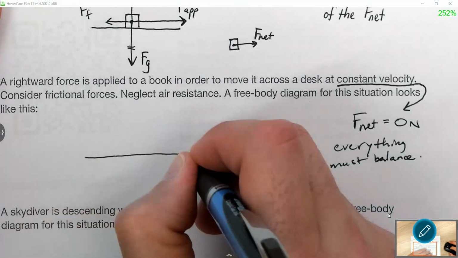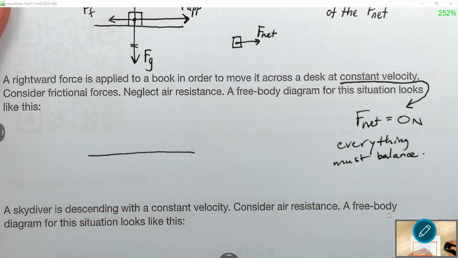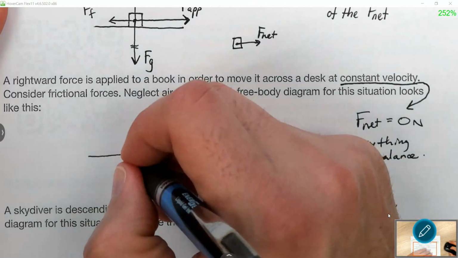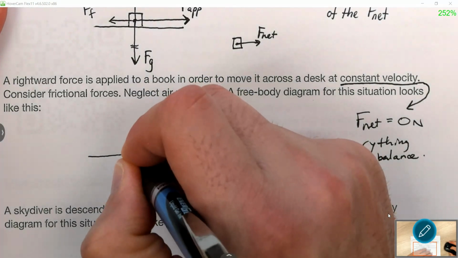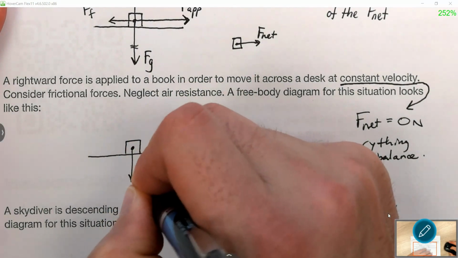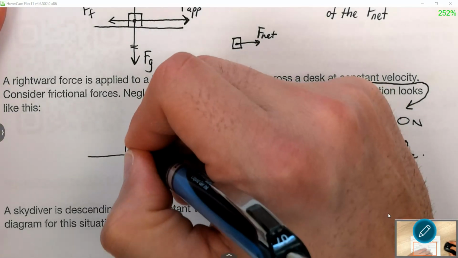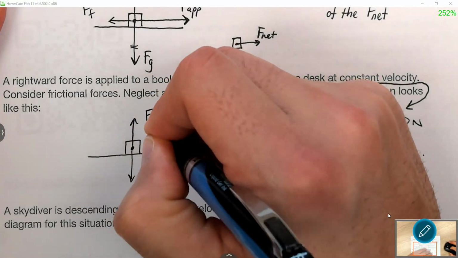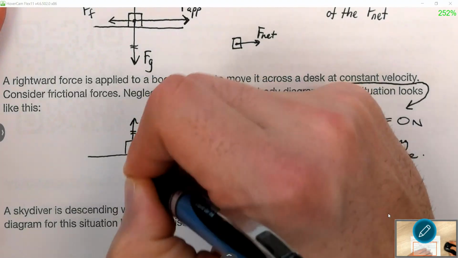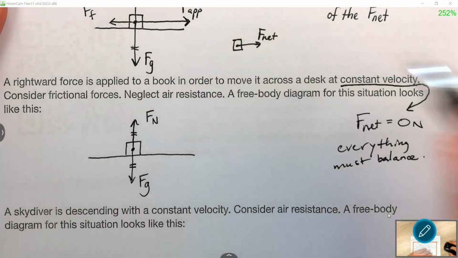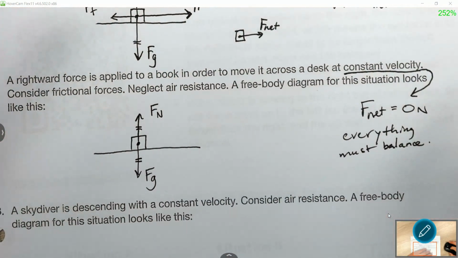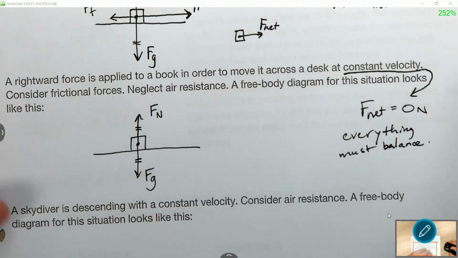So again, you have your horizontal surface. All right, we're on a desk. Here's our book. We already know Fg down and normal force up because they're on a flat surface and it's not accelerating upward or downward. So those two are going to be equal. We have an applied force to the right.